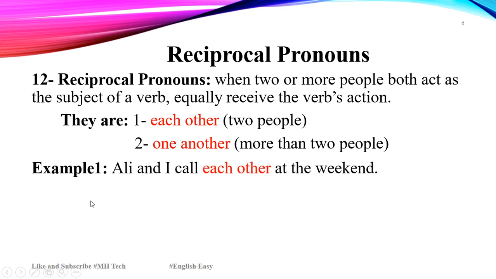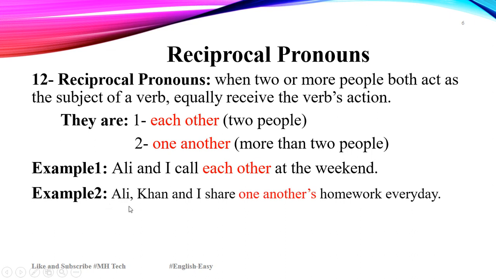For example here, Ali and I call each other at the weekend. So here Ali and I, this is a compound subject. It's two subjects, Ali and I, and each other. So it is two people. So here we use each other because it is used between two persons. And we have example 2 here.